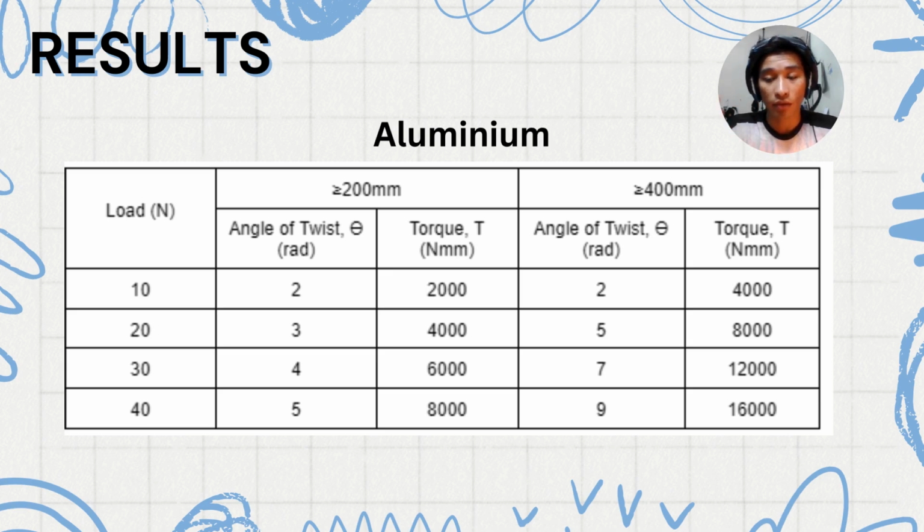At 400 millimeter, the angle of twist is 2, 5, 7, and 9 rad. It also increases respectively with the load, and the torque for 400 millimeter is 4,000, 8,000, 12,000, and 16,000.